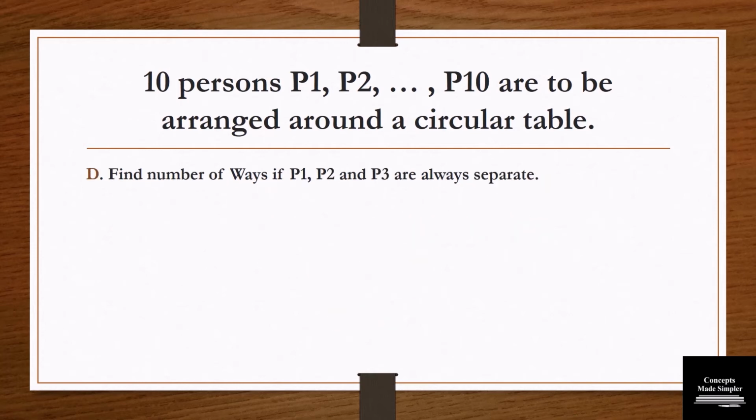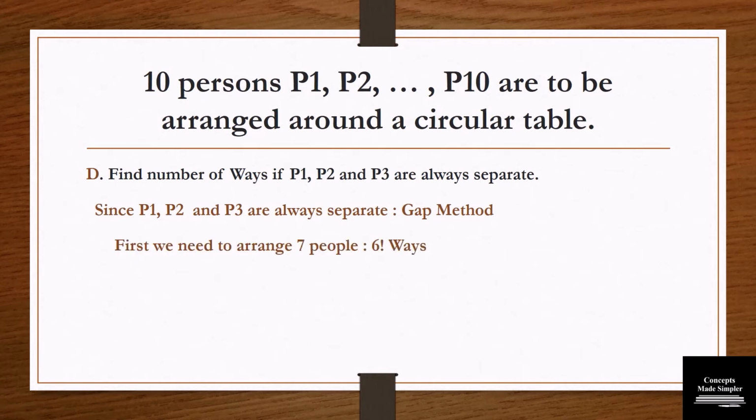Moving forward, the next question is when P1, P2 and P3 are always separate. Now, if it is always separate, we go with the gap method. Since we need to arrange 7 people first, because we will be arranging all other people apart from these 3 people, it is 6 factorial ways, as we have learned from the thumb rule. Now, we have to arrange P1, P2, P3.